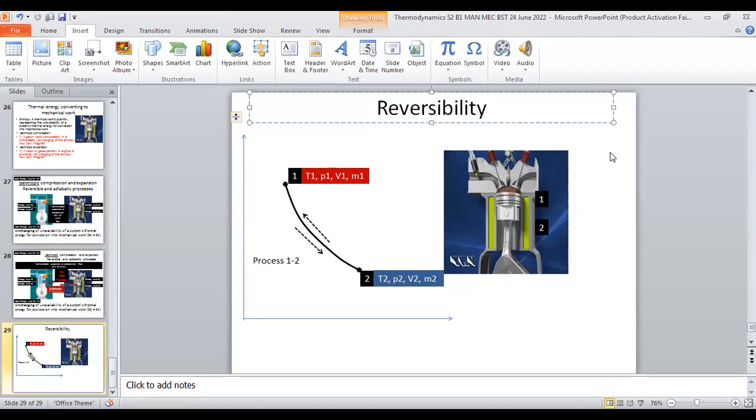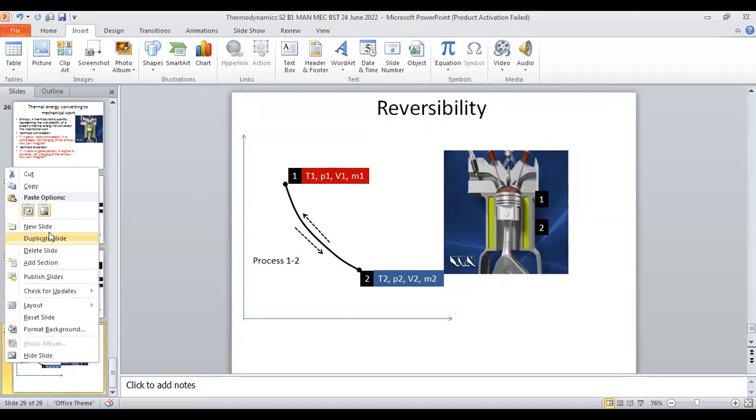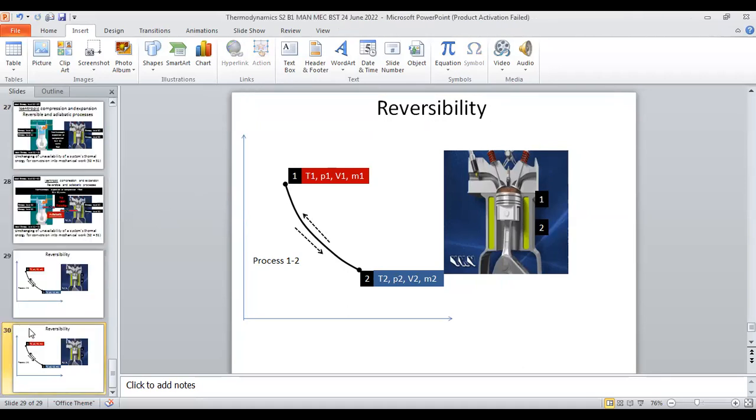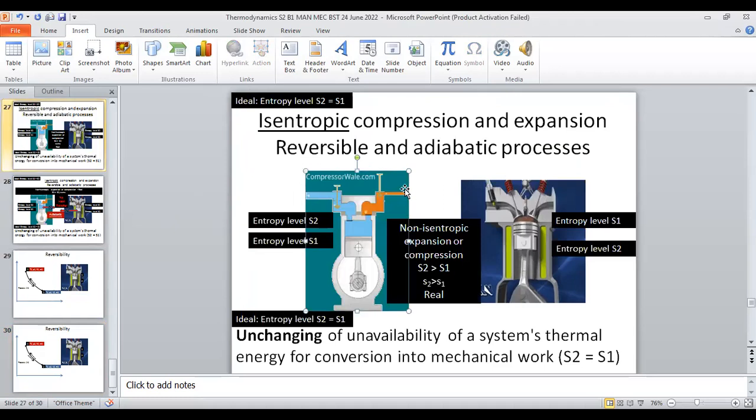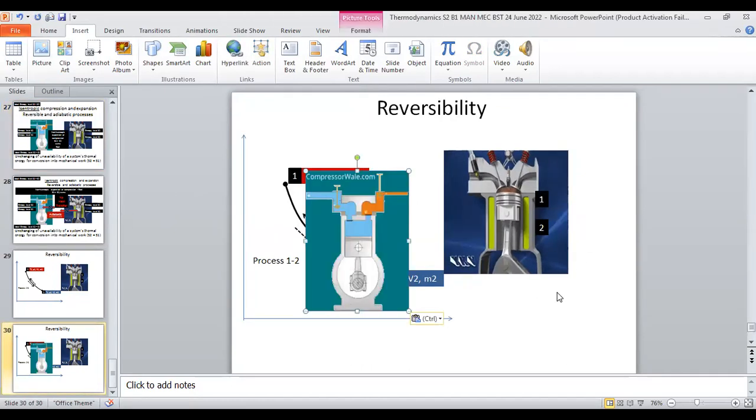So reversibility is this. The same one, I will go for the compression. Some imagination. Later you can look into the definitions, don't worry. Compression.